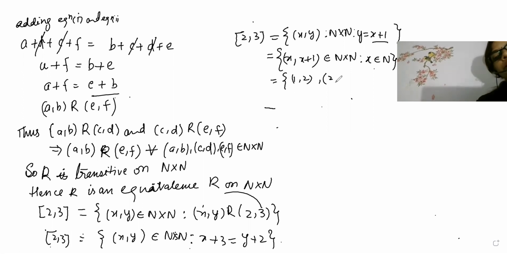If x will be 2, y will be 3. If x will be 3, y will be 4. Are you understanding? Like this, it will keep on changing. If x will be 4, y will be 5, and it will keep on going.